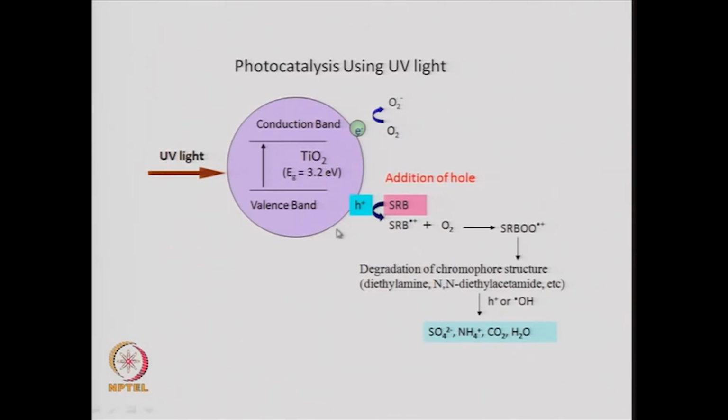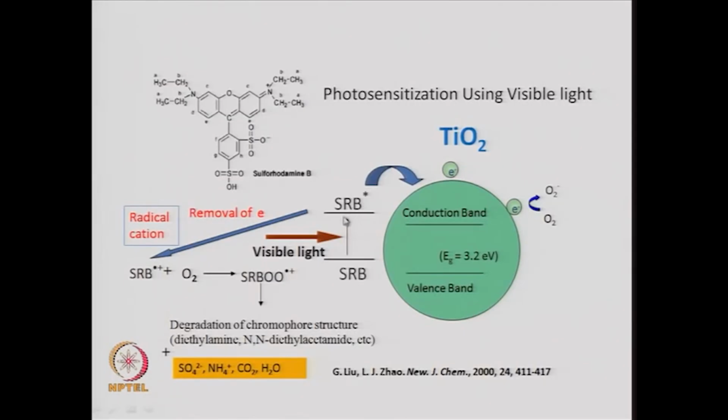And so, these are two different processes, one acting in the presence of visible light and one acting in the presence of ultraviolet light, with sulforhodamine as a dye or an organic reagent, and how the same product of the dye occurs can be understood, because although the mechanism is different, in this case the sulforhodamine B degrades through the addition of a hole, and in the previous case it degrades by removal of an electron and then goes through oxidation and then degradation.